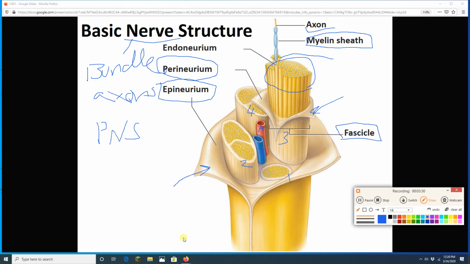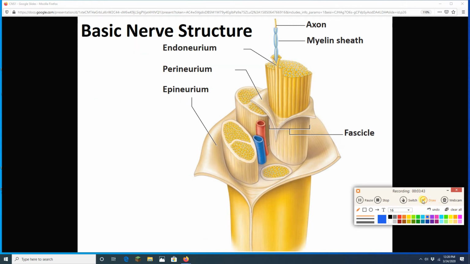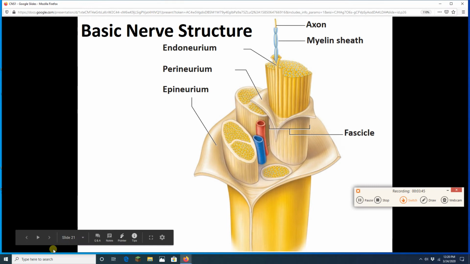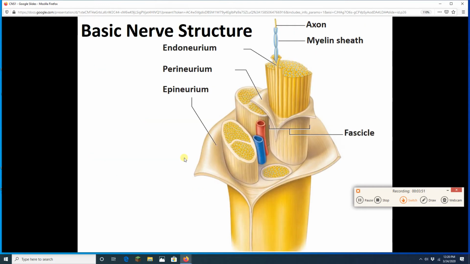And then this whole thing right here is a nerve. So nerves are carrying information in and out of that cord. We see that spinal nerve there, and we just looked at the anatomy of a nerve.